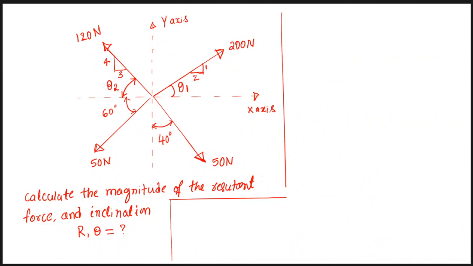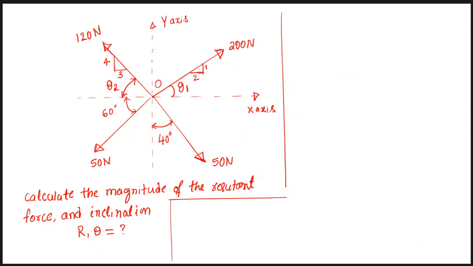So here, four forces have been given and they are acting at the origin, that is at the point O. The inclination of the two forces, that is 50 kilonewton and 50 kilonewton, is given. The 50 kilonewton force is acting at 40 degrees with respect to the vertical axis, whereas the other 50 kilonewton force is acting at 60 degrees to the horizontal axis.